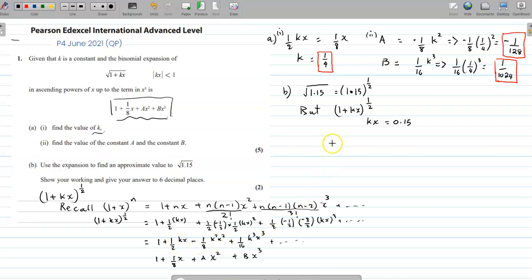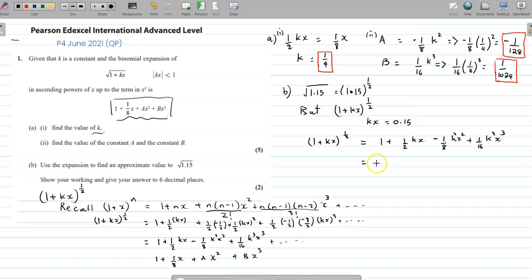So we would have (1 plus kx) to the half, which we know is equal to 1 plus a half kx minus 1/8 k squared x squared plus 1/16 k cubed x cubed. So we can substitute 0.15 in this.